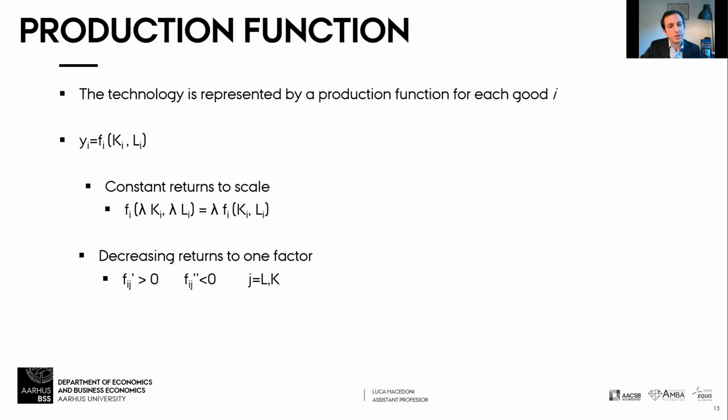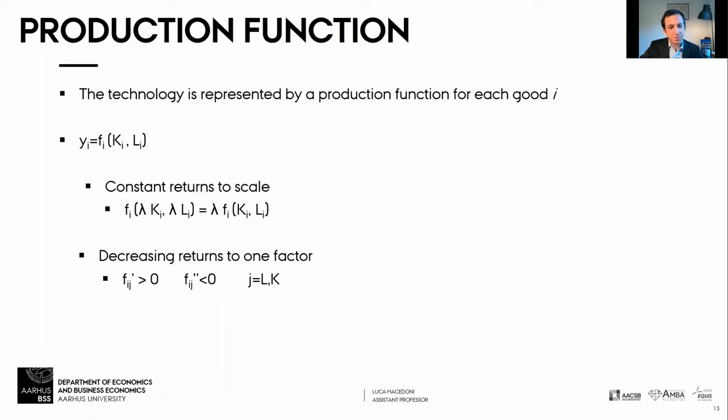And so here it's shown more generally. If you multiply both capital and labor by a scalar lambda, you're going to multiply the total production by the same scalar.